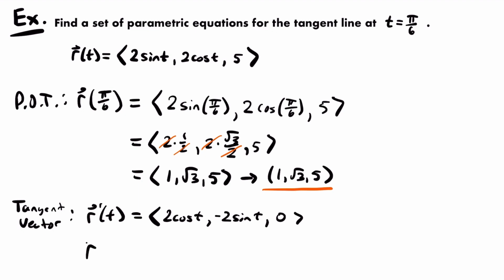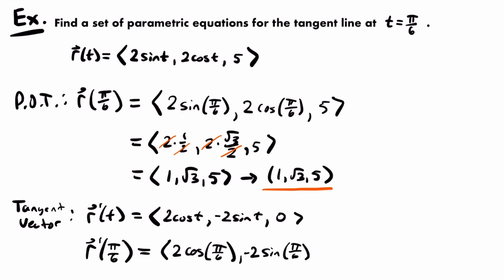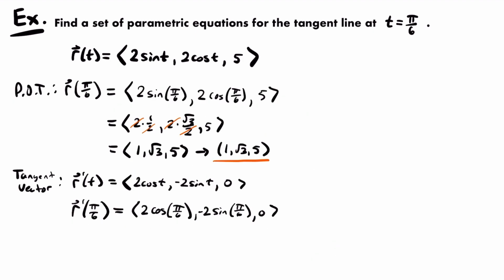So we'll evaluate r prime of t at pi divided by 6, and that will give us 2 times cosine of pi divided by 6, and then negative 2 times sine of pi divided by 6, and then the z component stays the same. It's just 0. Now if we simplify, once again, cosine of pi divided by 6 is the square root of 3 divided by 2, so this will become 2 times the square root of 3 divided by 2, and then we have negative 2 times sine of pi divided by 6.